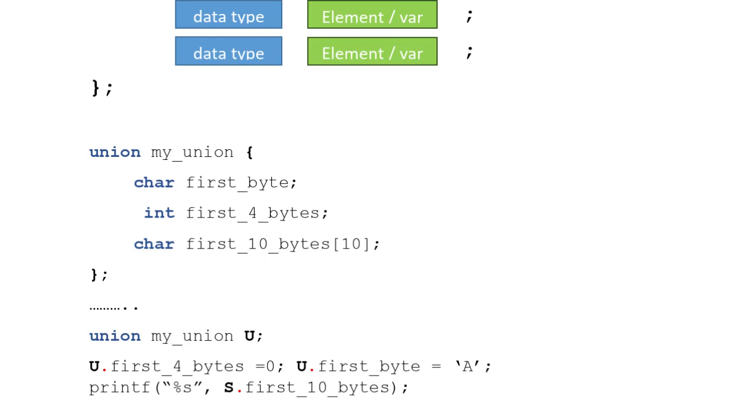If the middle-sized element is modified, the larger is modified. If the smaller is modified, the middle size as well as the larger is modified. So anything modified anywhere reflects on all the members of the union because there is only one memory space that is allocated to it. I hope you understand. I'll give you examples.